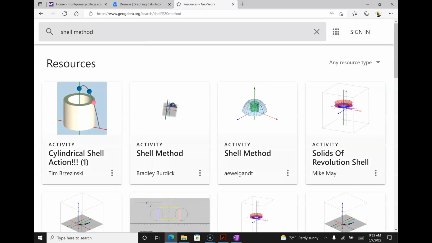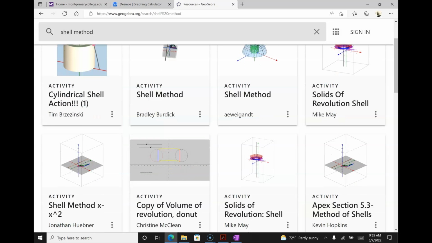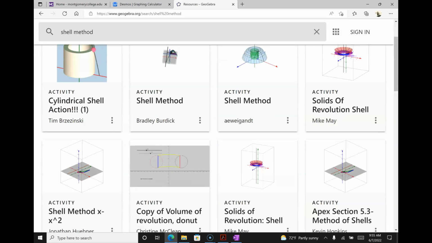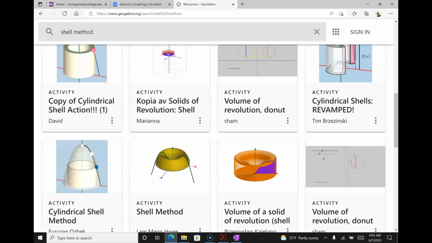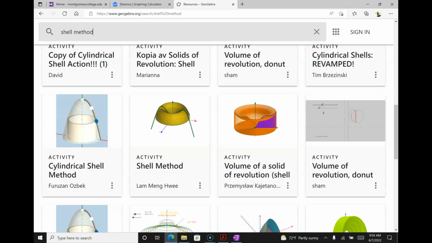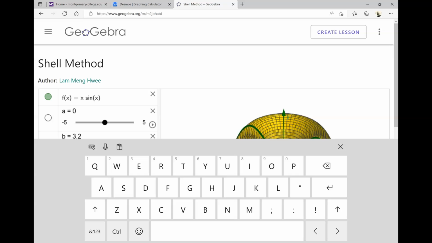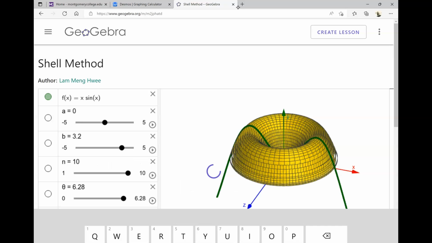Which one were you using? This guy down here. This one. Let me try another one anyway. There we go.